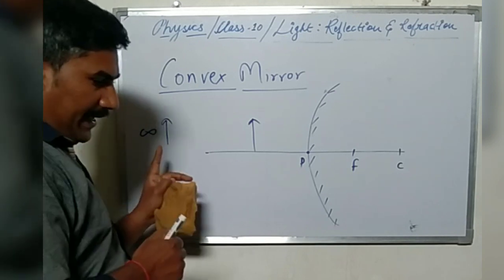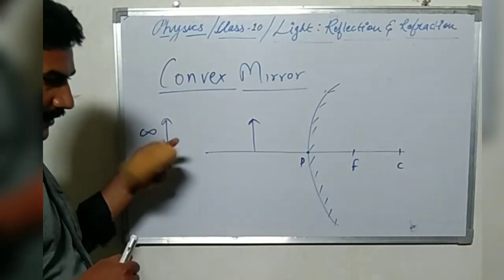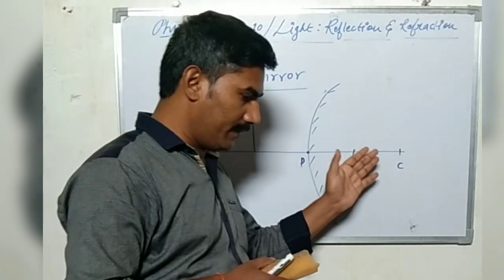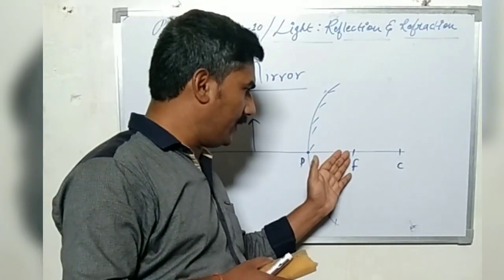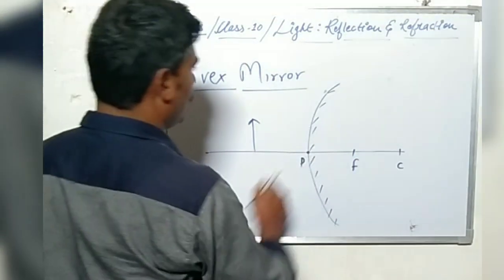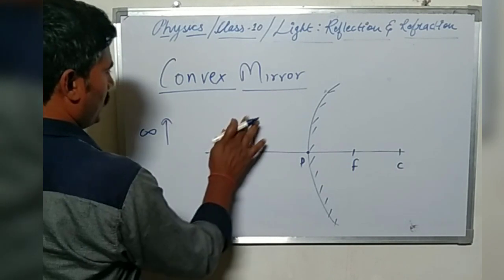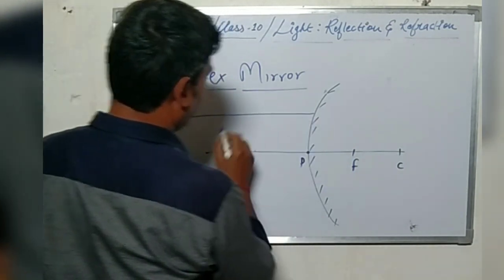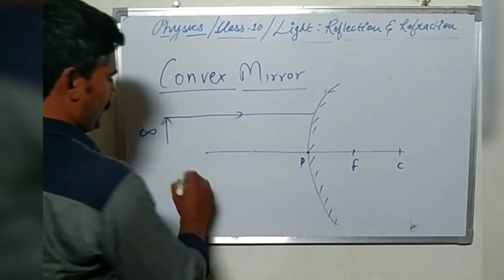When the object is placed at infinity, the position of the image is behind the mirror and it will be at the focus. Suppose the ray is coming parallel to the principal axis.